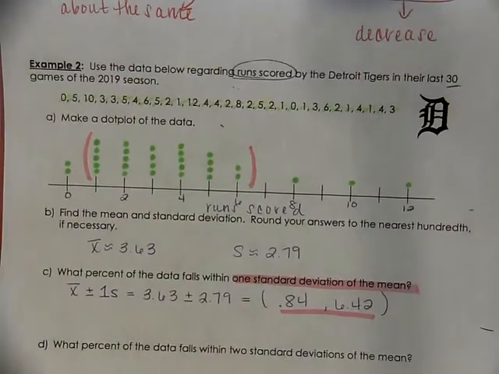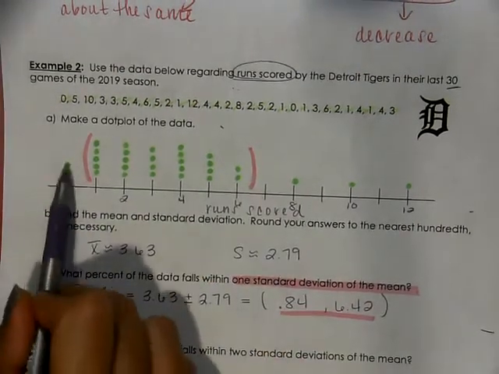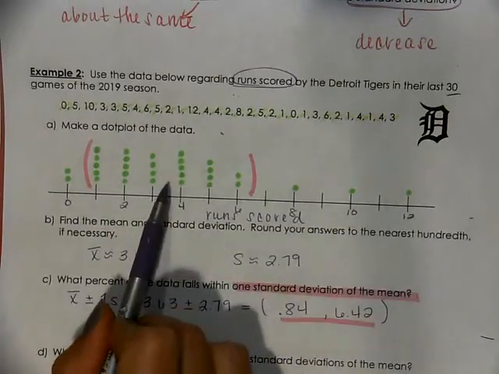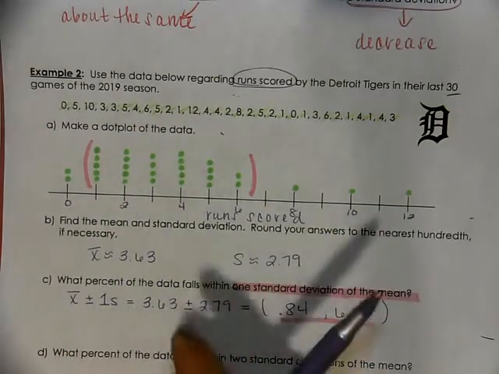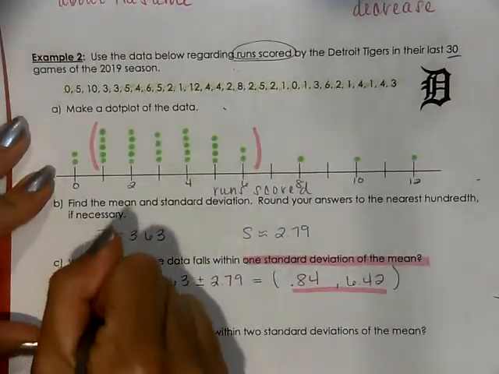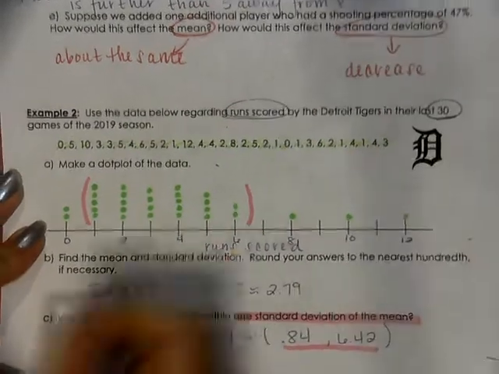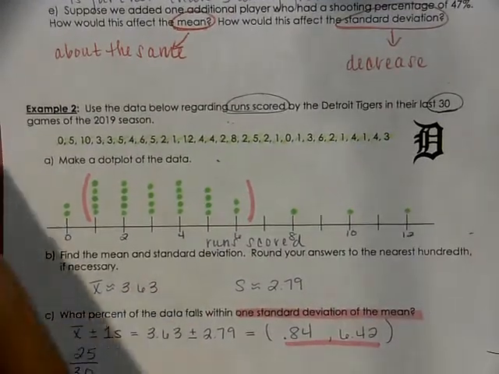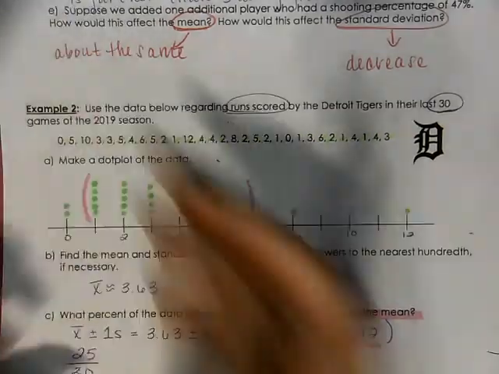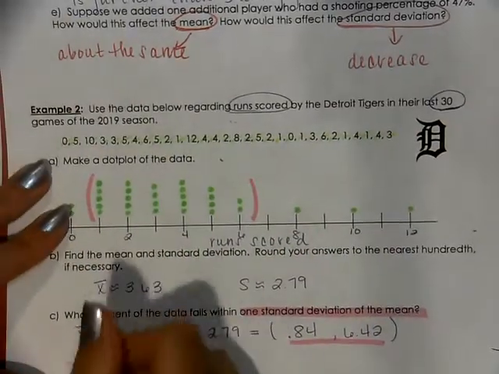So it says what percent of data falls within there? Well, I know there's 30 data points, and 5 are outside of it, so that means 25 must be inside of that range. So that's going to be 25 out of a total of 30 data points. So 25 divided by 30 gives us right around 83.3%.